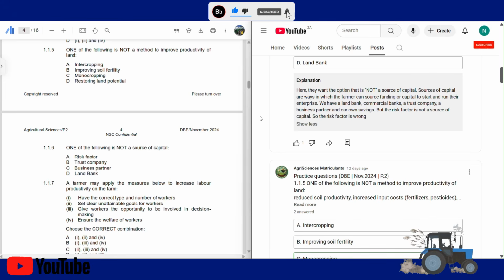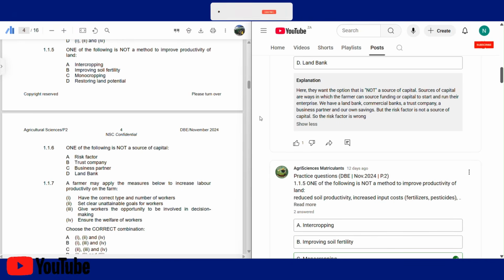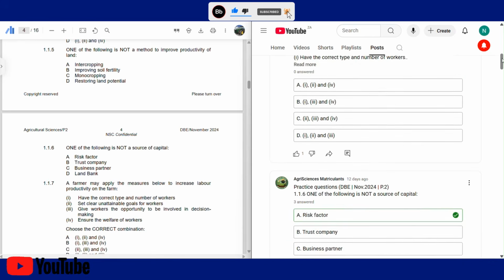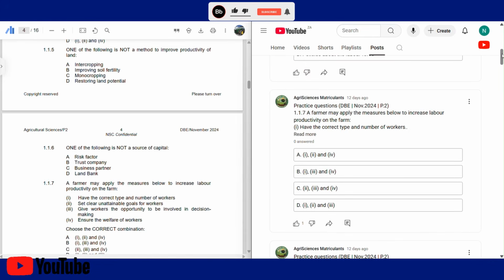We have land bank, commercial banks, a trust company, a business partner, or we can use our own savings. But the risk factor is not a source of capital. So the risk factor is the wrong answer that they want you to take out. They're just trying to see if you can spot the wrong answers.